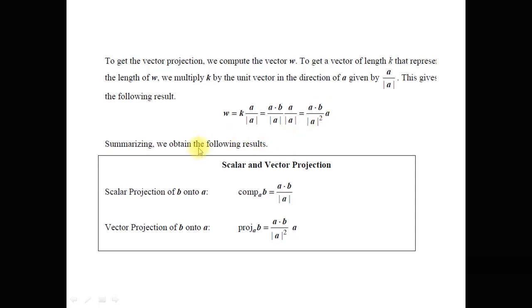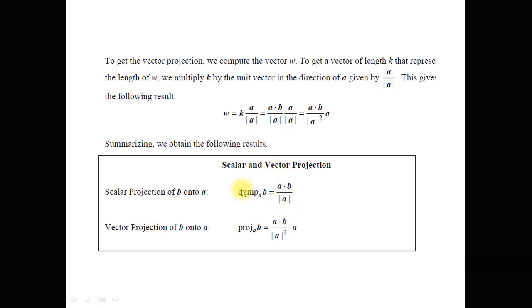So it is concluded that the scalar and vector projections are given as follows. The scalar projection of B onto A, the component of B onto A, is equal to A dot B divided by A magnitude. Dear students, note that in this relation A dot B gives a scalar result and the magnitude is also a scalar, so this result is a scalar.